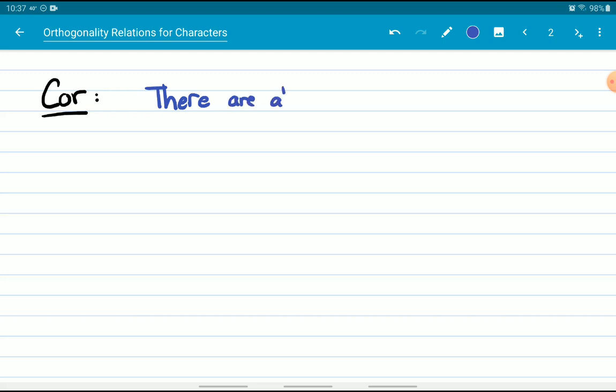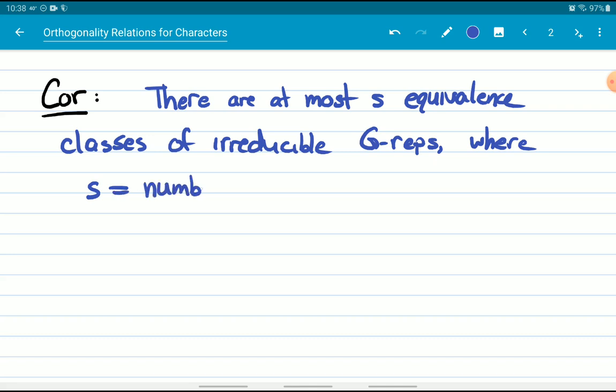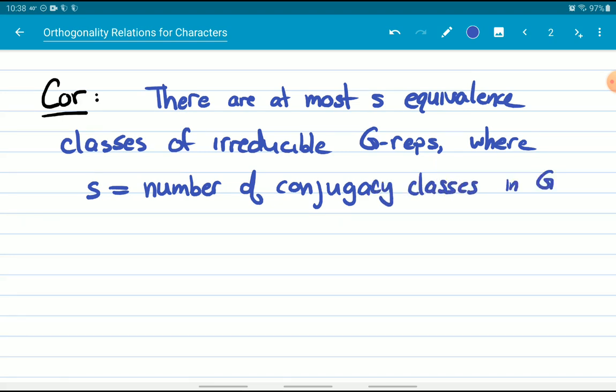There are at most S equivalence classes of irreducible G representations, where S is the number of conjugacy classes in the group G. So this puts an upper bound on the number of distinct, meaning non-equivalent, irreducible representations. In fact, it's a finite bound. We know there are finitely many.